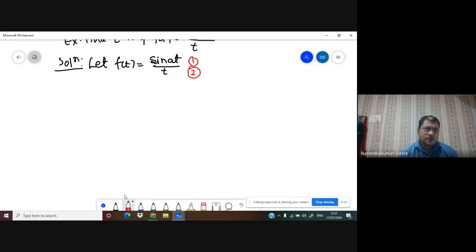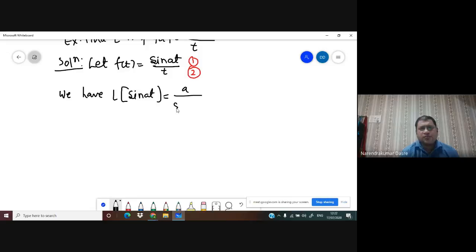So let us try this one. First we find the Laplace transform of the numerator, and then we use the property of division by t. So we have the Laplace transform of sine of at, and that is going to be a upon s square plus a square.